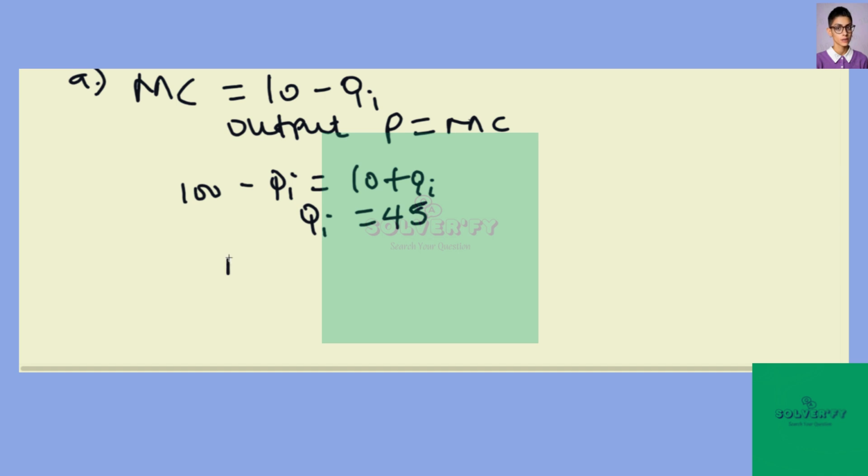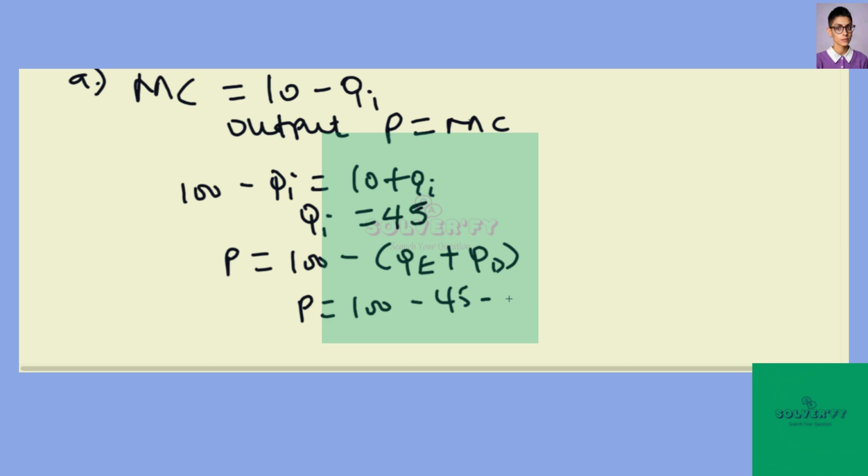And then therefore the price will be equal to 100 minus (QE plus QD), and then P equals 100 minus 45 minus 45, and then P equals 10.